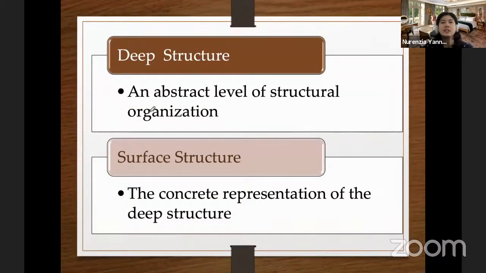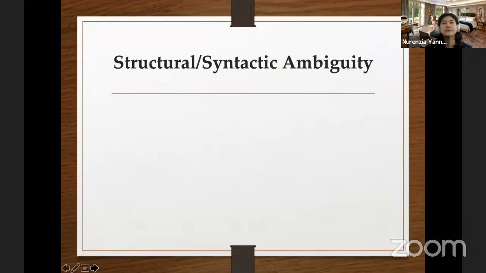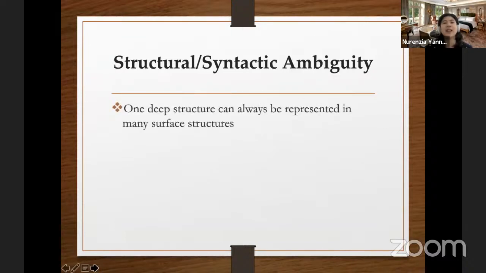So this is the definition. Deep structure is an abstract level of structural organization, and surface structure is the concrete representation of the deep structure. We have something else that is called structural or syntactic ambiguity.